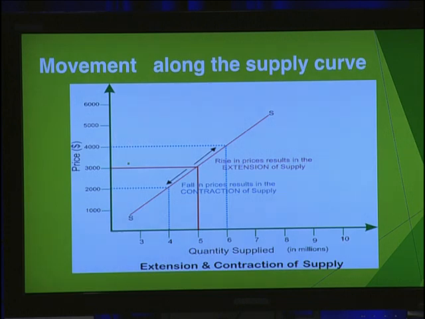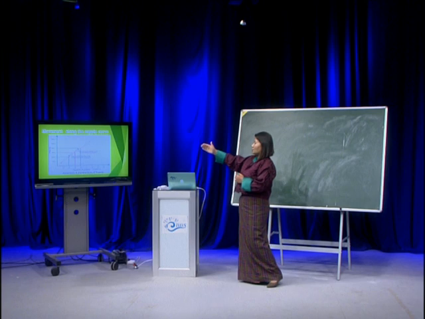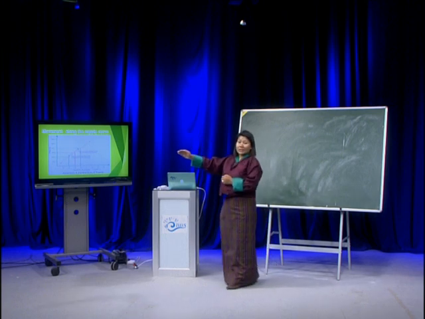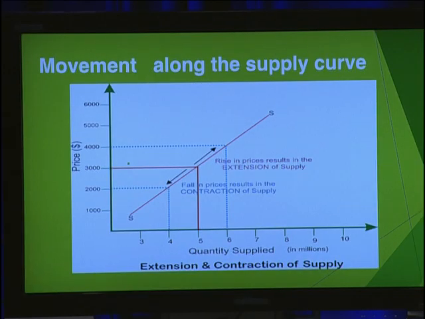But when the price moved from $3,000 to $4,000, the blue dot that is going upward, do you see that? At $4,000, what has happened to the quantity supplied? It has expanded, it has extended. There is an extension, meaning there is an increase.